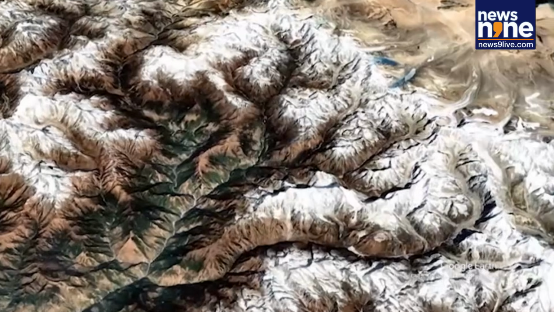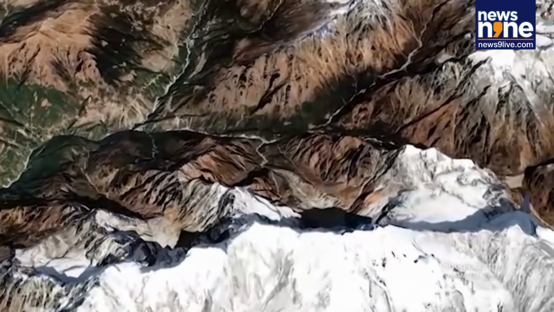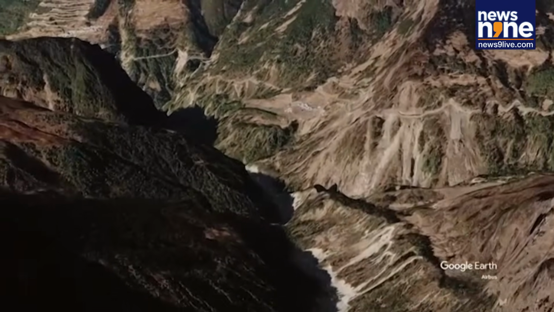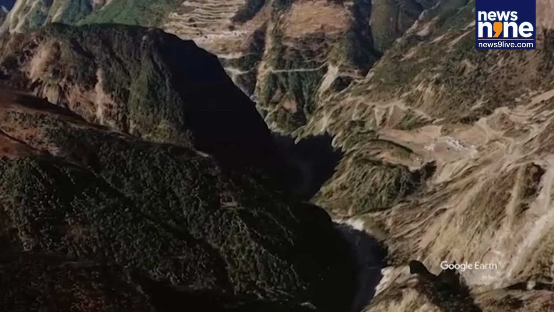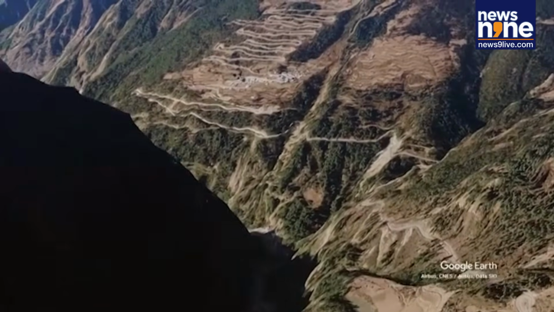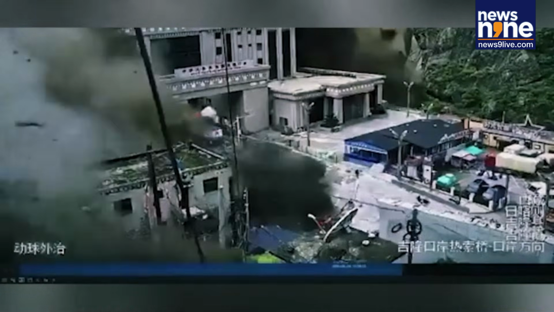The glacier is within Nepal, but the way it slipped, it moved towards Tibet, which is a natural course of the river, and thereafter it came back into Nepal.